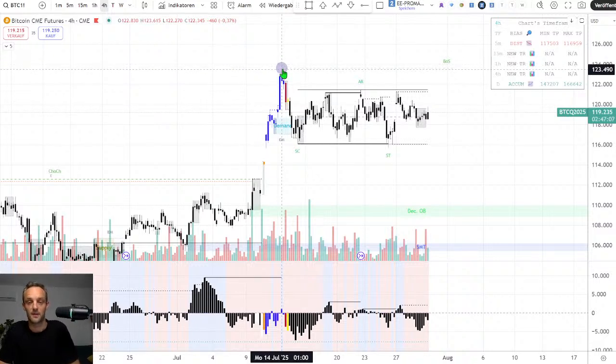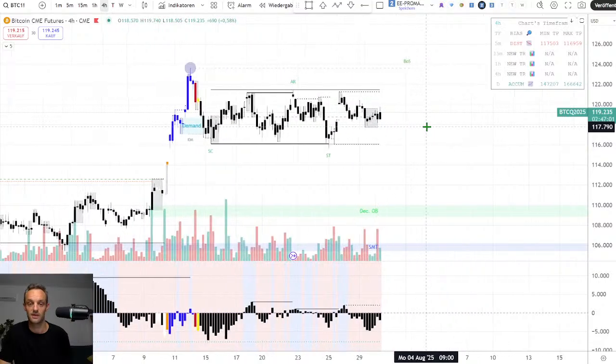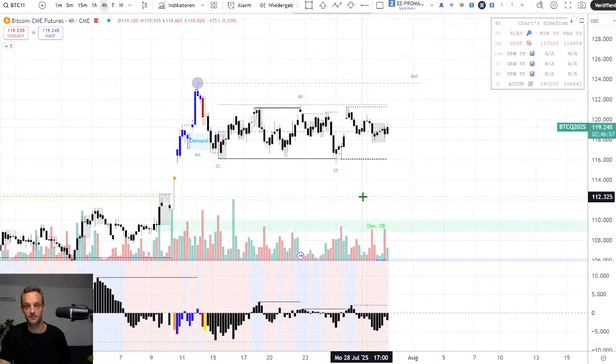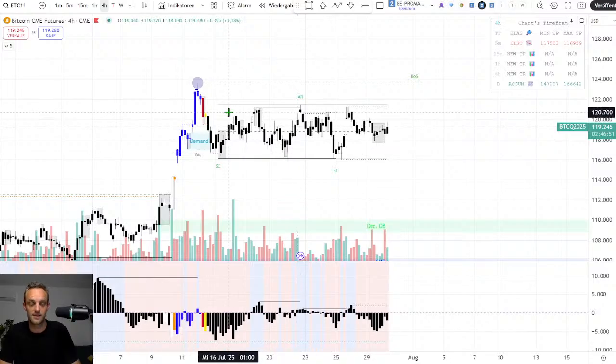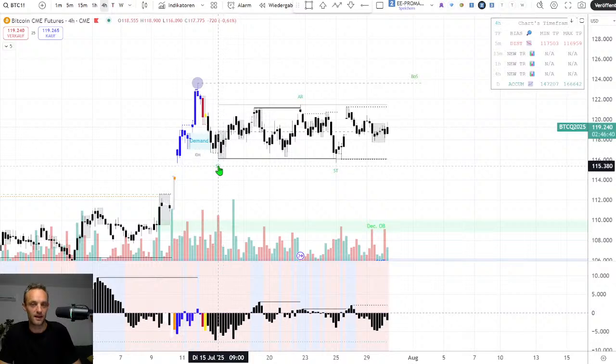Since then, we consolidate, and now, of course, the question is: is this an accumulation phase or a distribution phase? From the current view, this is not 100% clear. As long as Bitcoin stays in this range, it's not 100% clear.